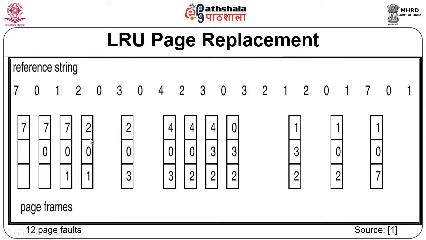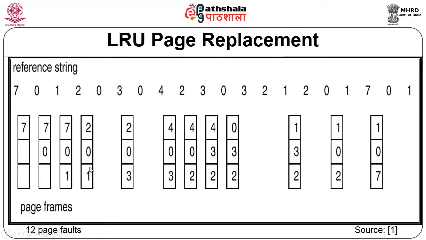Page 3 is not present here, and hence you need to choose a page for replacement because there is no free frame as well. So, which page is chosen for replacement? Here 0 was used before this and 2 was used before this and 1 was used before that. So, you see that the one that was not recently used is 1. So, 1 is chosen for replacement.